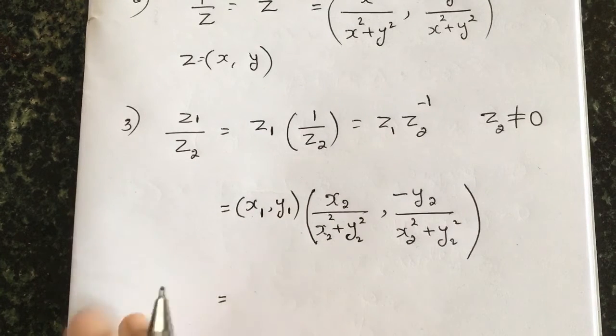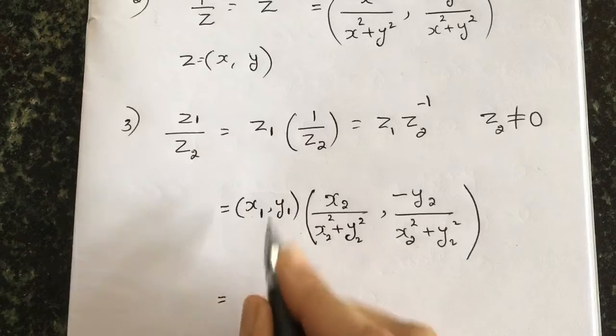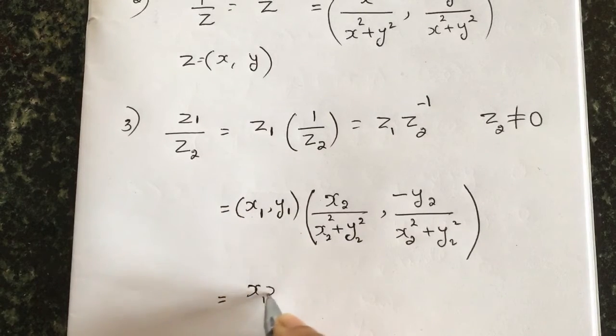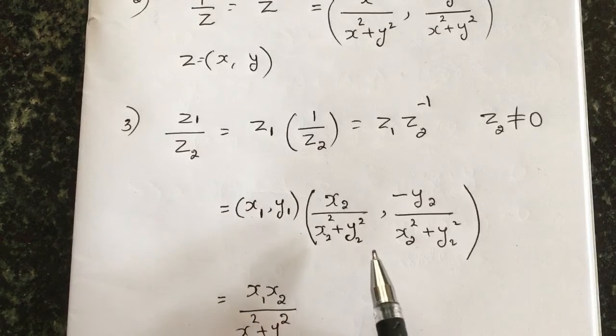Okay, I'll club and write x1 x2, and this x2 square plus y2 square.